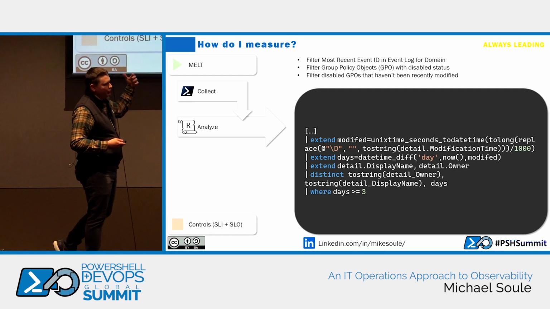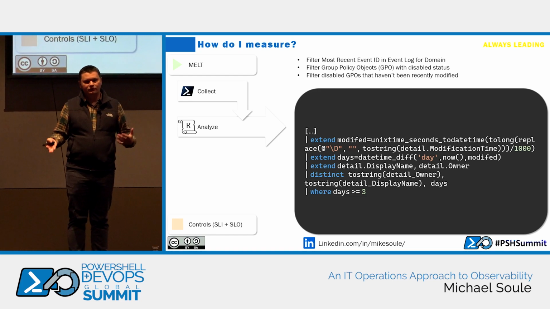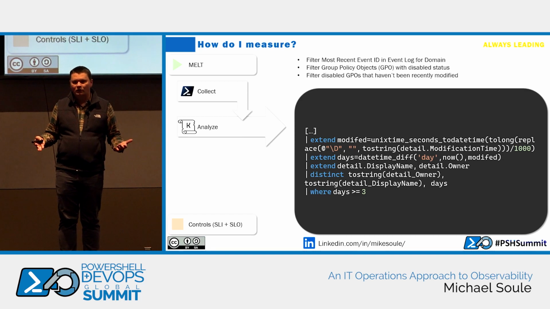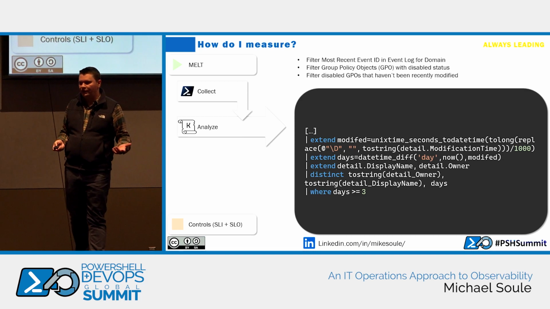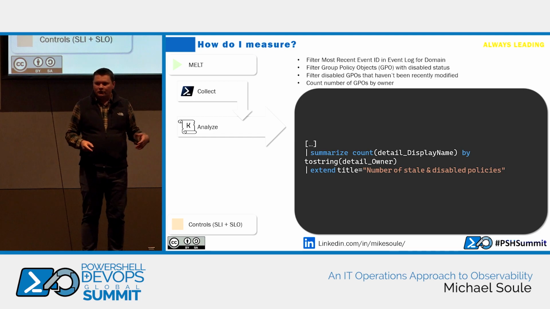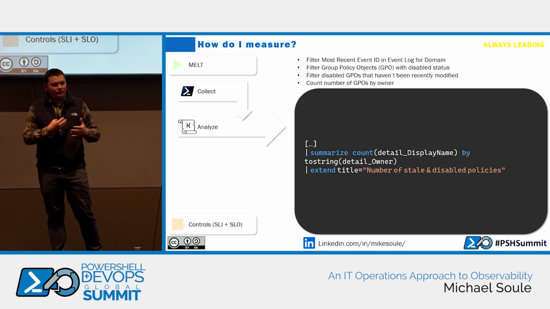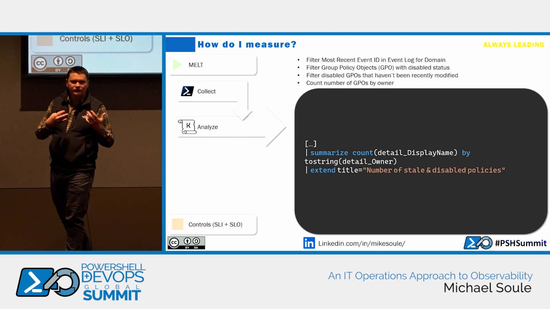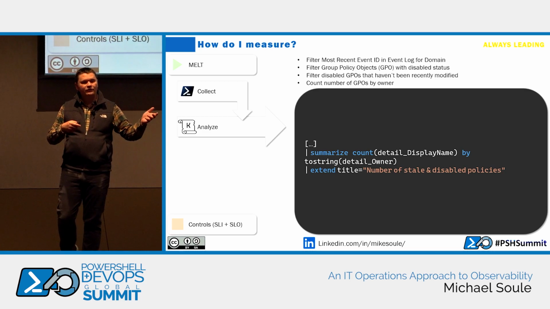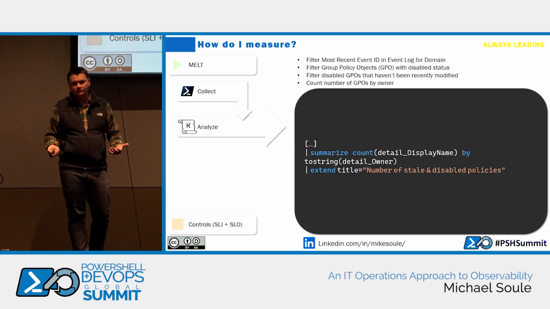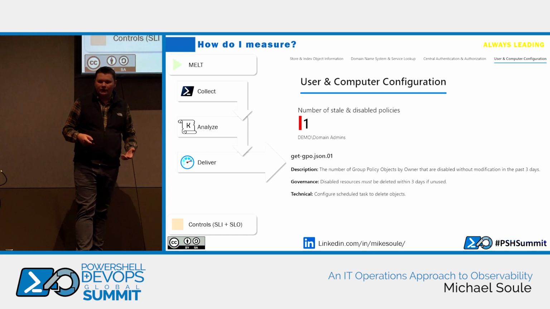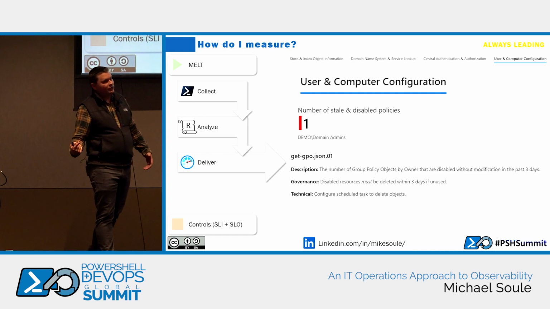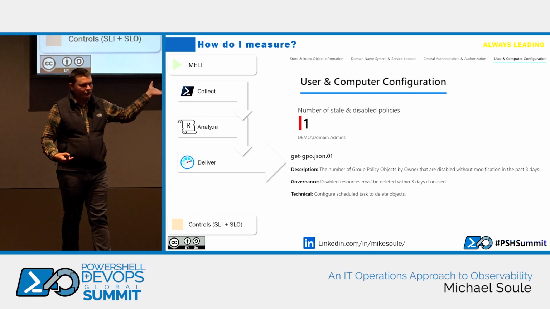So what we're pulling here is any disabled GPOs in our environment that haven't been modified for more than 3 days. Then we're able to summarize this, get a discrete list of these, so the distinct number of objects, by the person who owns that object. And at that point, we end up with something that we can actually present, we can report on.